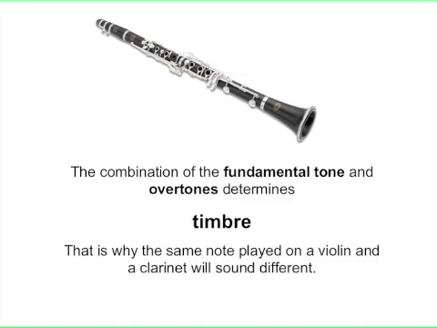So you can perceive, especially if you are a musician, the difference between an A4 played on a guitar and an A4 played on a trumpet. Same note, they do correspond, but the combination of the fundamental tone and the overtones on these instruments creates different timbres. So that's what timbre is.